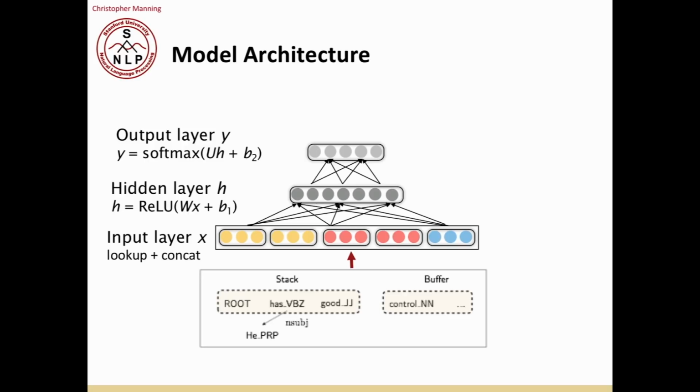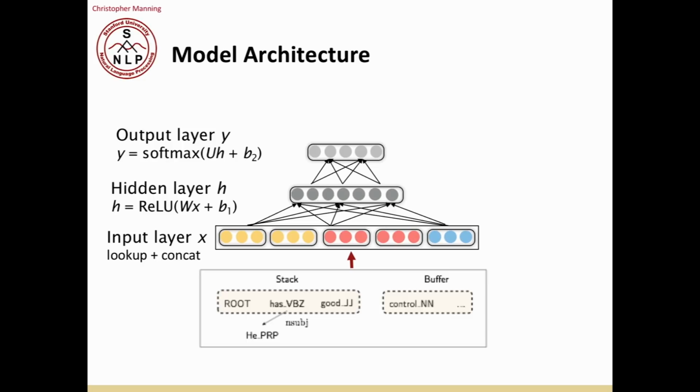And then we're going to use the same kind of cross-entropy loss to say how good a job we did at guessing the action that we should have taken according to the treebank parse of the sentence. And so at each step of the shift-reduce parser, we're making a decision as to what to do next, and we're doing it by this classifier, and we're getting a loss to the extent that we don't give probability 1 to the right action.